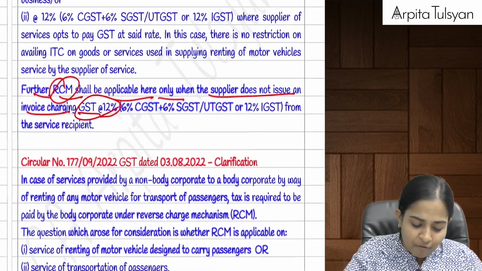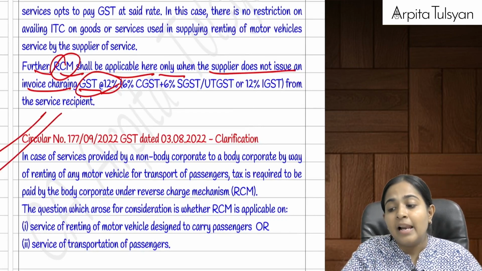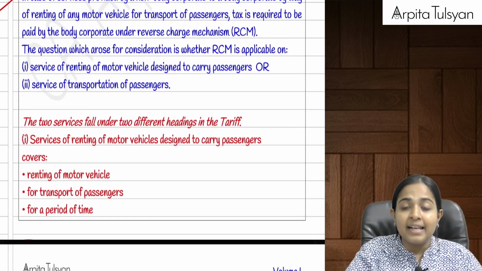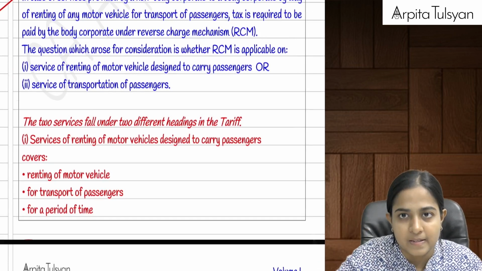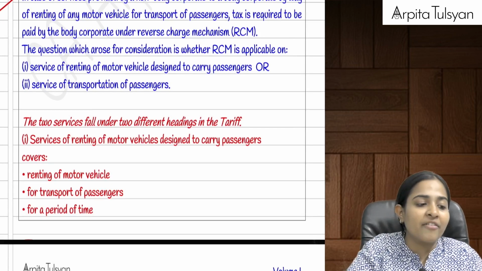Okay. Now one more clarification that they have given us here is renting of motor vehicle and transportation services. Both of the services are different. Renting of motor vehicle means what?